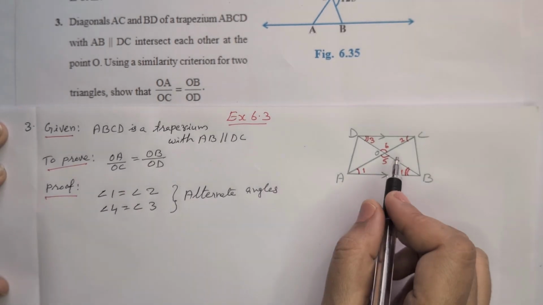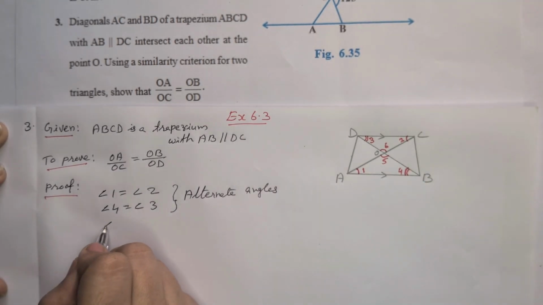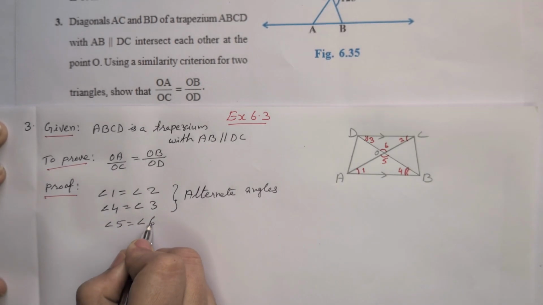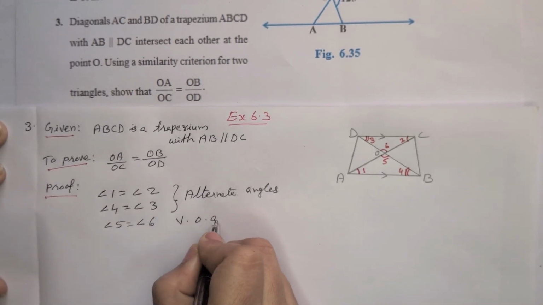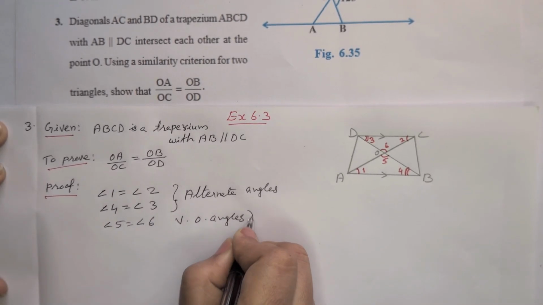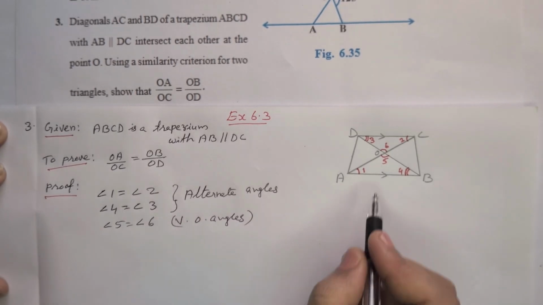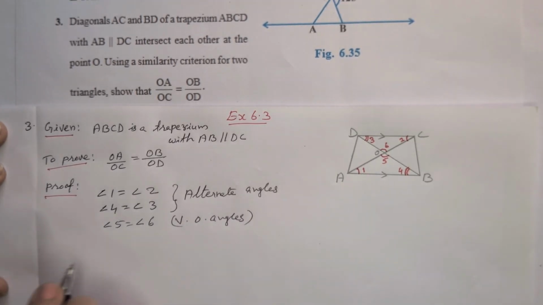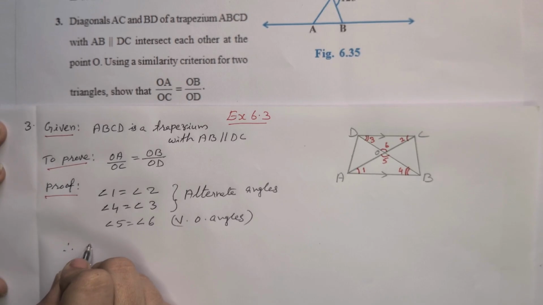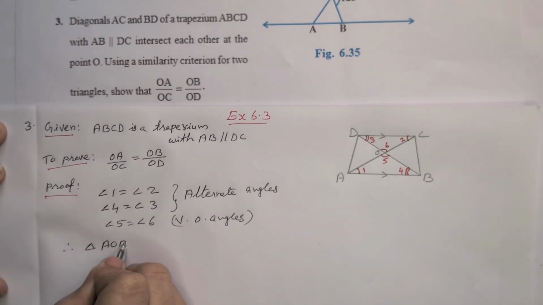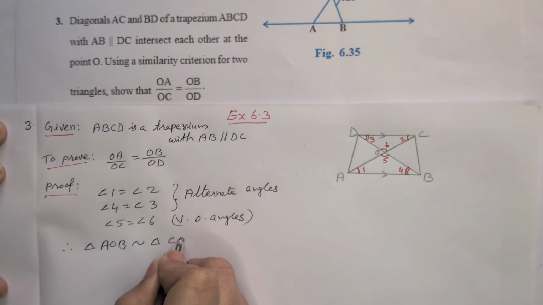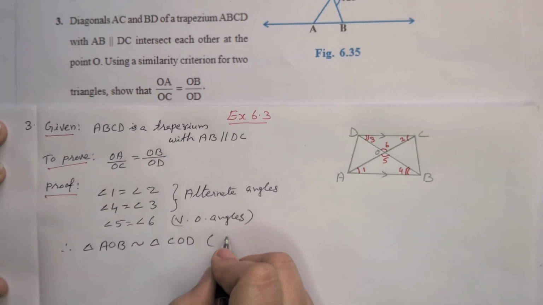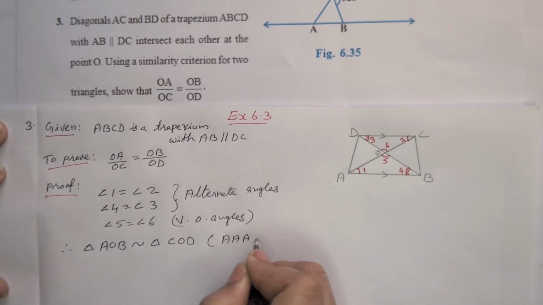Now here angle 5 is equal to angle 6, vertically opposite angles. Now there are 3 angles in these two triangles. Therefore, triangle AOB is similar to triangle COD by AA similarity.